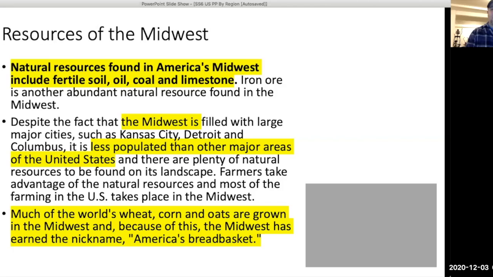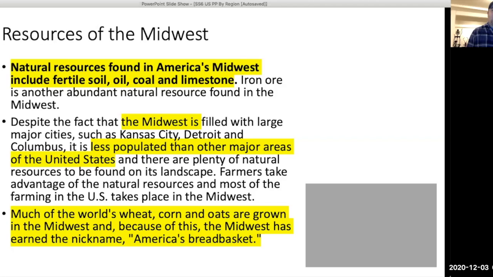That's what it looks like when you're driving over these mines. Pretty impressive stuff. Despite the fact that the Midwest is filled with large major cities, such as Kansas City, Detroit, and Columbus, it is less populated than other major areas of the United States, and there are plenty of natural resources to be found on its landscape.